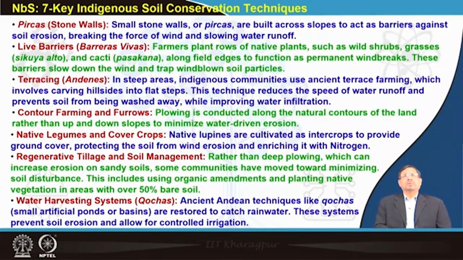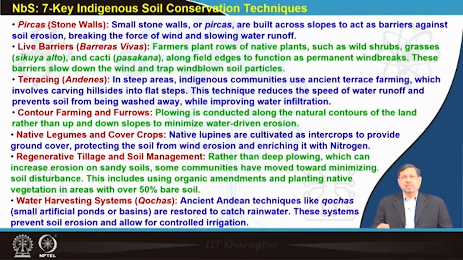Now, the second key technique is live barriers. Farmers plant rows of native plants such as wild shrubs, grasses and cacti along the field edges. Friends, in India also, wherever you see, our farmlands have been given a mud wall or small stone walls to separate one from the other.